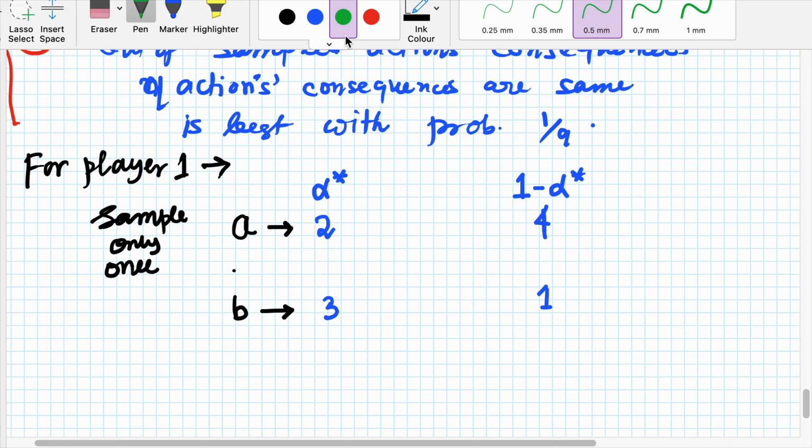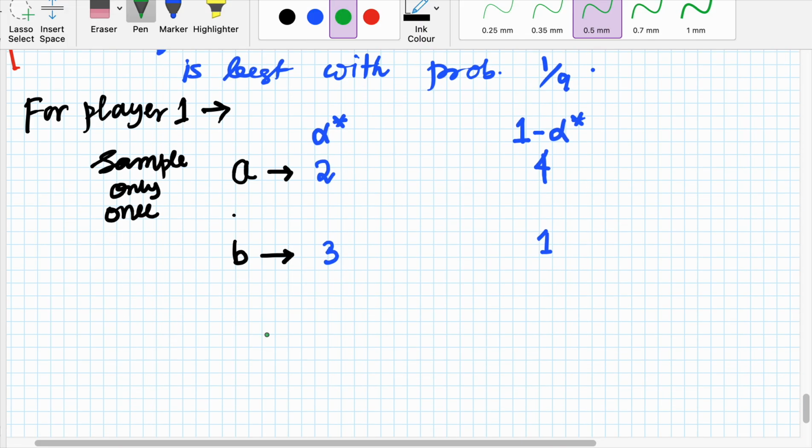Now if I ask what are the consequences, what is the sample space of player 1 if she samples independently, and with which probability does the sample space occur?